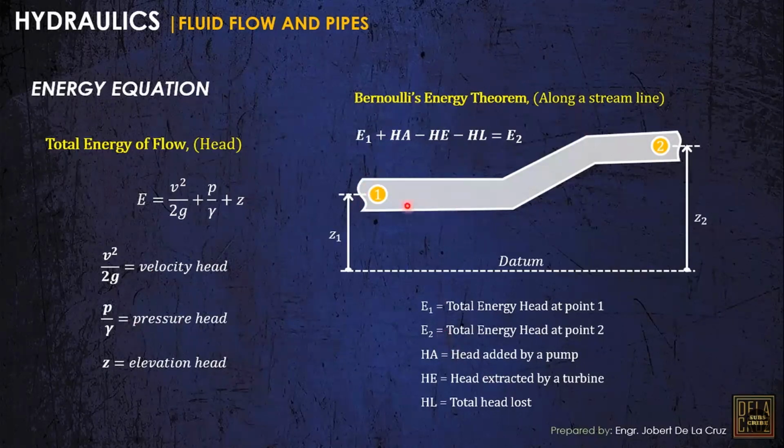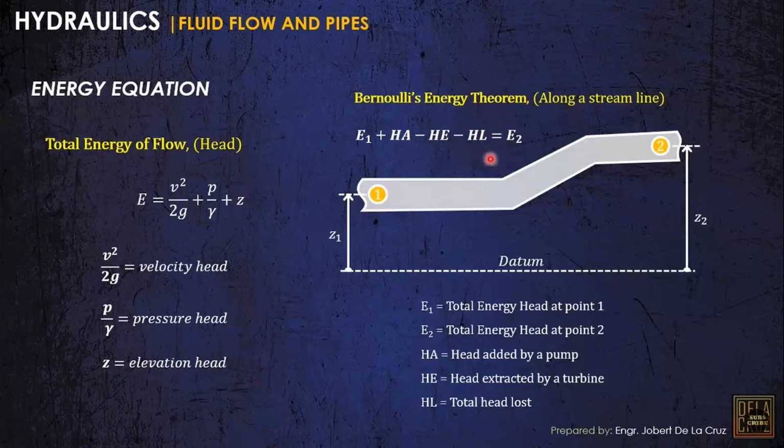If we have a pump between points 1 and 2, then we can have the head added, HA, head added. So you can see the meaning of this here, dito sa baba. If we have turbine between points 1 and 2, then we can have head extracted minus, because that is extracted.